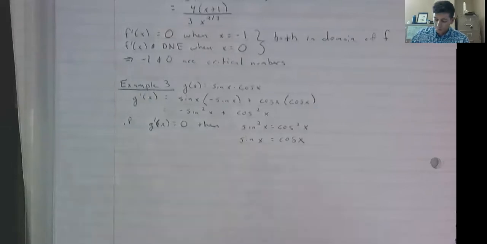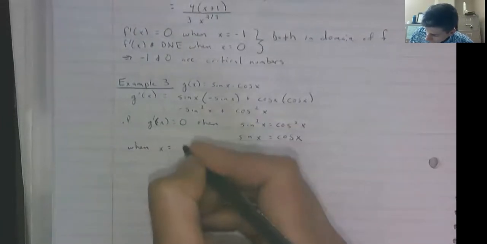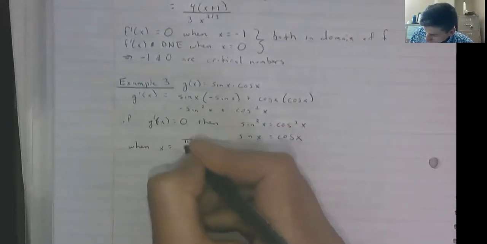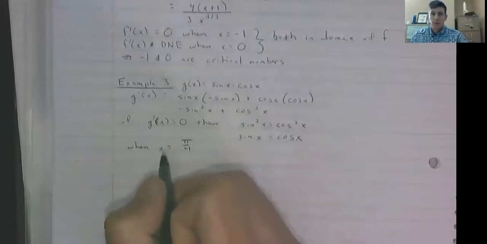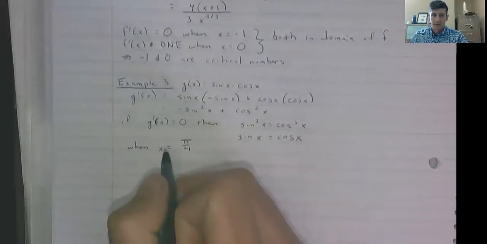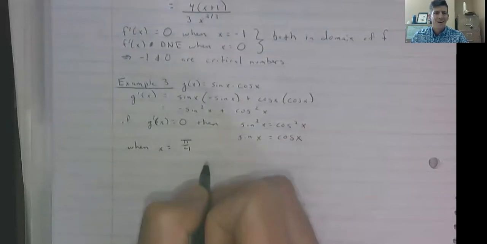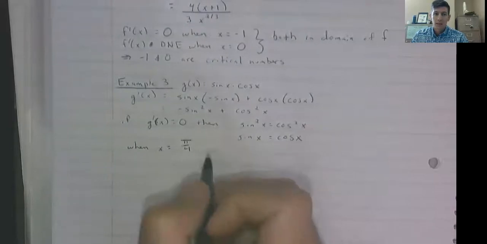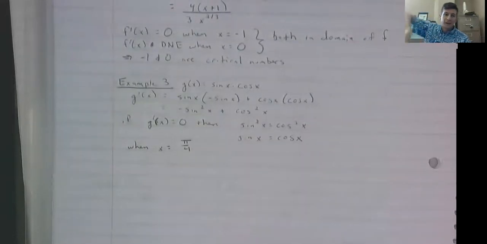Okay? So when x is equal to pi over 4, when x is equal to 3 pi over 4, when x is equal to 5 pi over 4, when x is equal to 7 pi over 4, when x is equal to 9 pi over 4. Do we have to sit here and list all these? No, that would take forever because it's literally an endless list. So let's be smart. It's pi over 4 plus all of those half pi, those 90-degree additions.